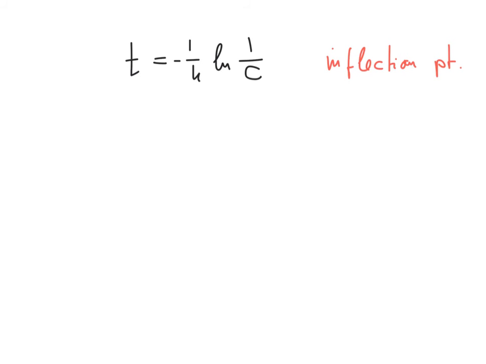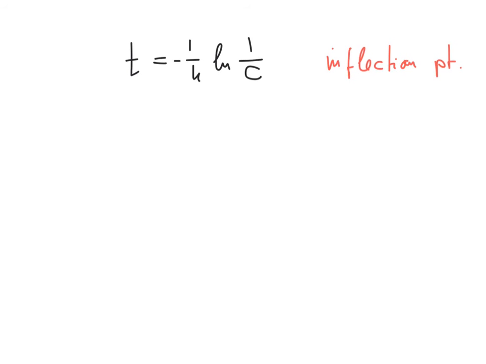So that seems a little weird, right? It doesn't seem to give us much information. But something very interesting happens if we want to find out what exactly is the value of the function at the inflection point.